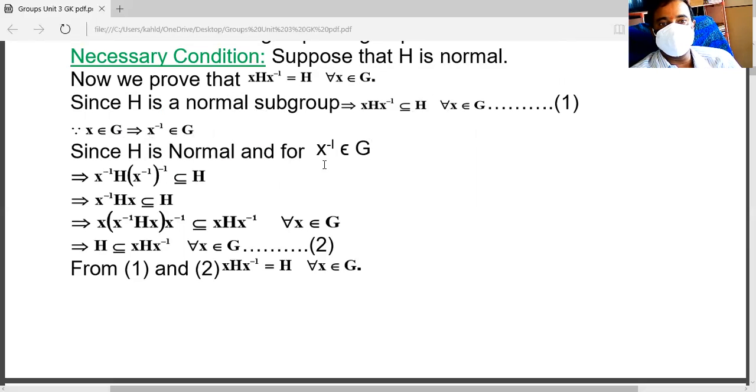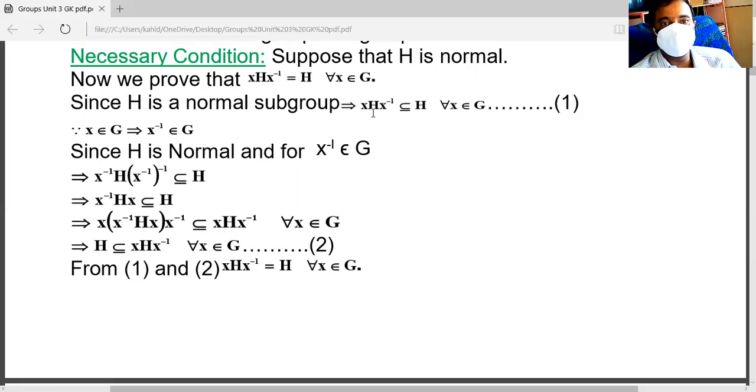I am replacing x with x inverse, because H is normal and x inverse belongs to G. That means x inverse H, whole inverse of x inverse, is a subset of H.